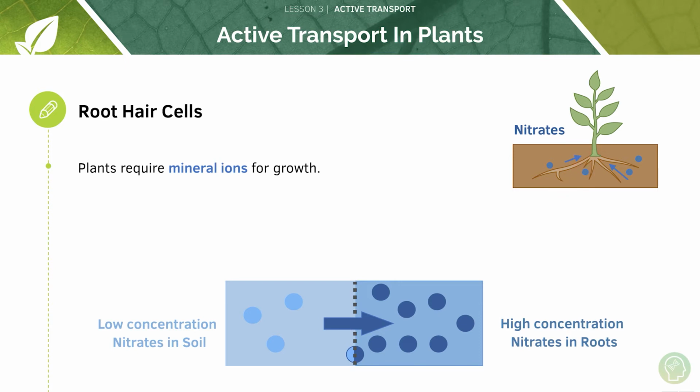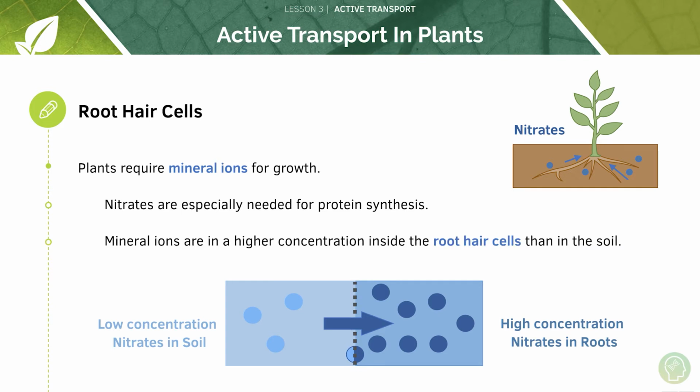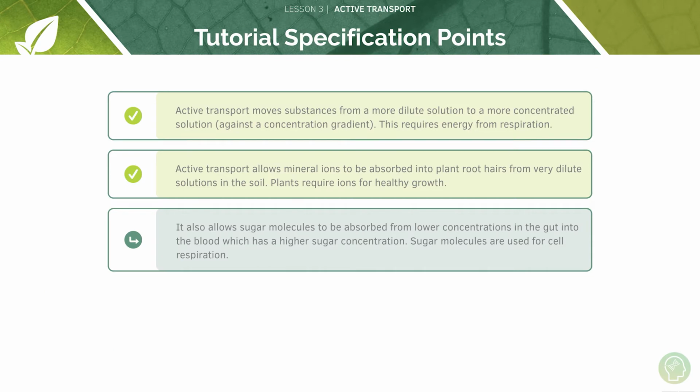Therefore, because we're going from low to high, that's against a concentration gradient, so it's going to be active transport. This is going to require energy. As you can see here, there's a higher concentration of nitrates in roots compared to the lower concentration in soil, moving against, therefore it's active transport. So this occurs in root hair cells.